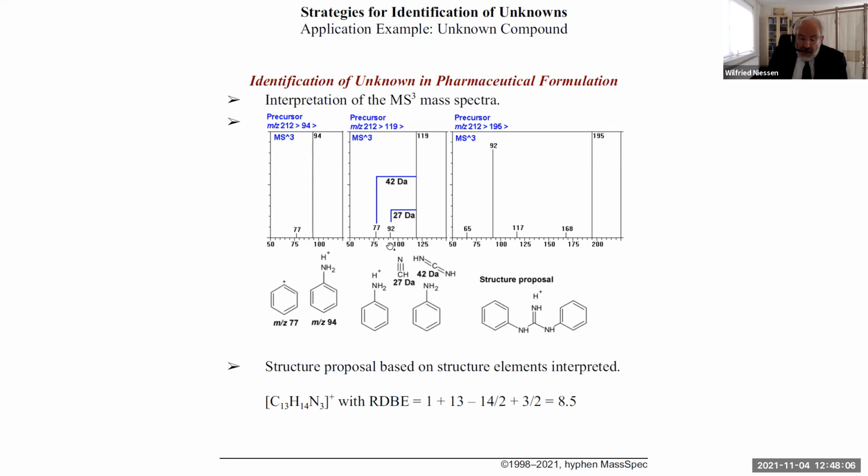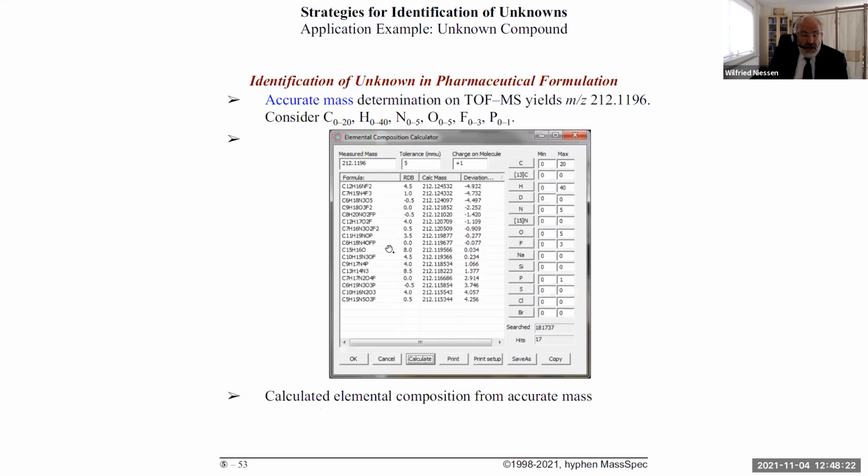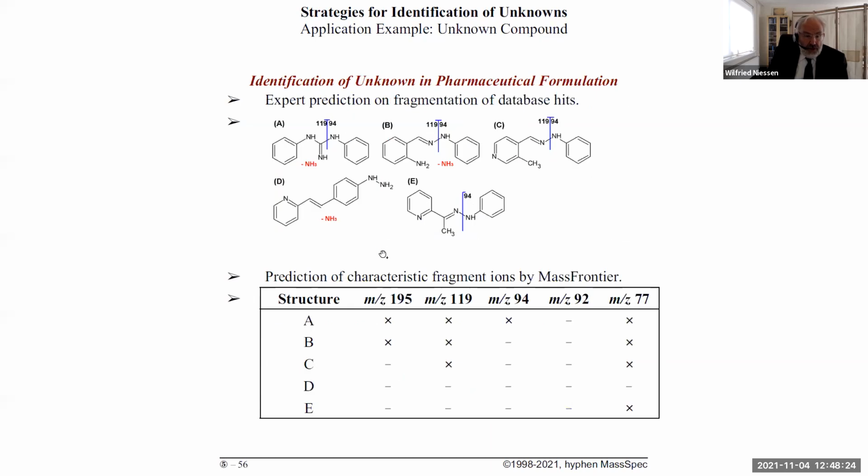So that gives you one of the problems in getting unknowns. Quite often, you don't have enough information in the MSMS spectrum to really build a structure from scratch. And that's something which is always of concern, of course.